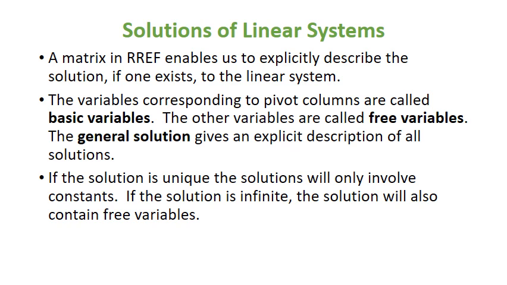Here is some more terminology for you. Once we have a matrix in reduced row echelon form, we will end up with what we refer to as basic variables and free variables. The variables involved in our pivot columns are our basic variables.